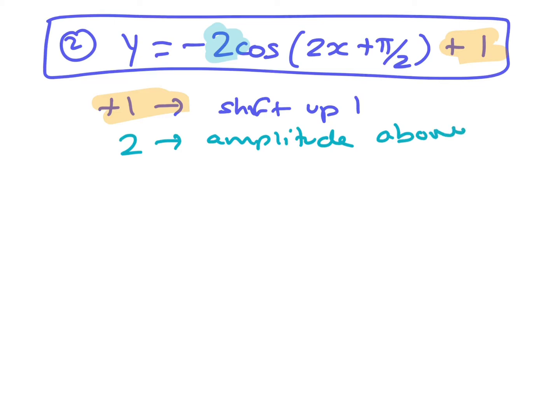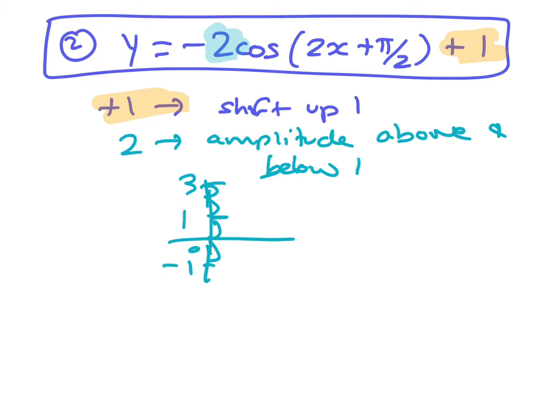That's how far above and below 1. If you're at 1 and you go up 2, you're at 3, and down 2, you'll be at -1. So that's actually your range. It'll range from -1 to 3, because you've got to go 2 above 1 and 2 below 1.